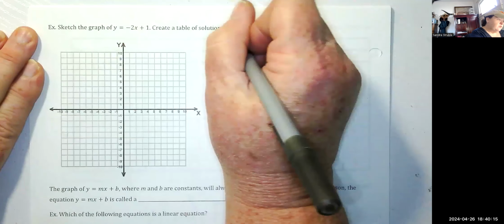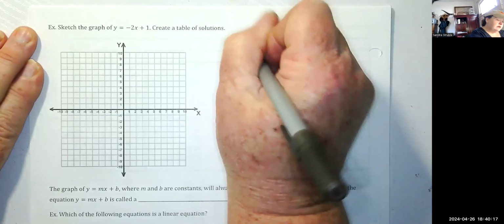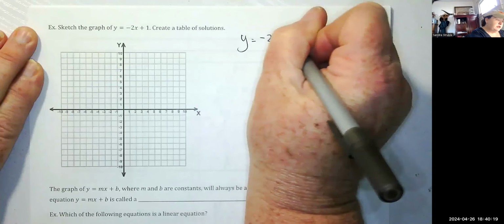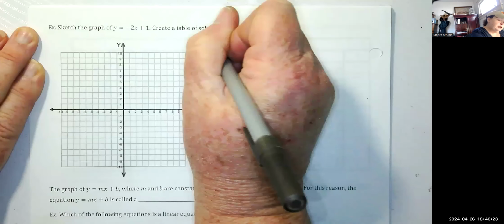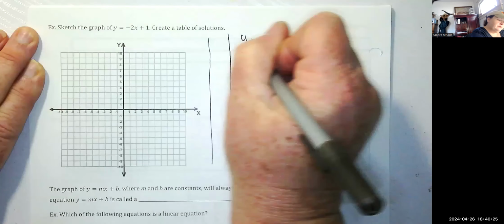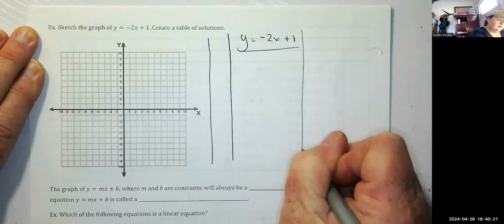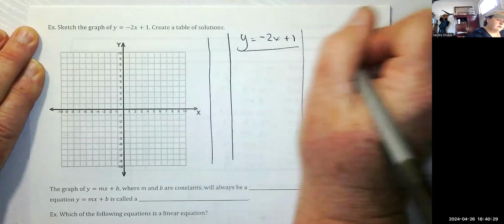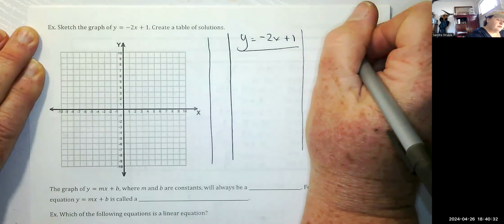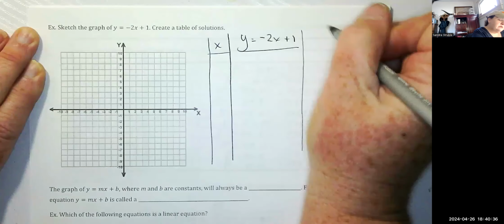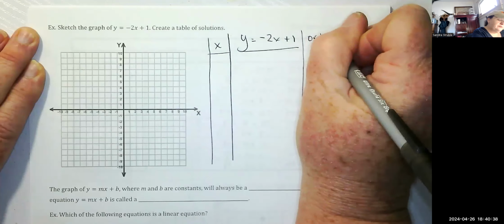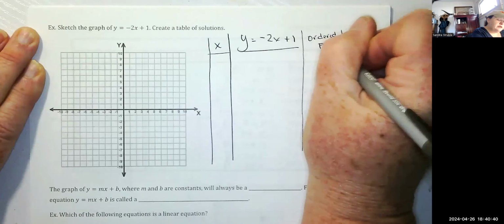All right, so we've got y equals negative 2x plus 1. I'm going to set up basically that same little chart that we had earlier. This is our x, and this is our ordered pair that we're going to plot.